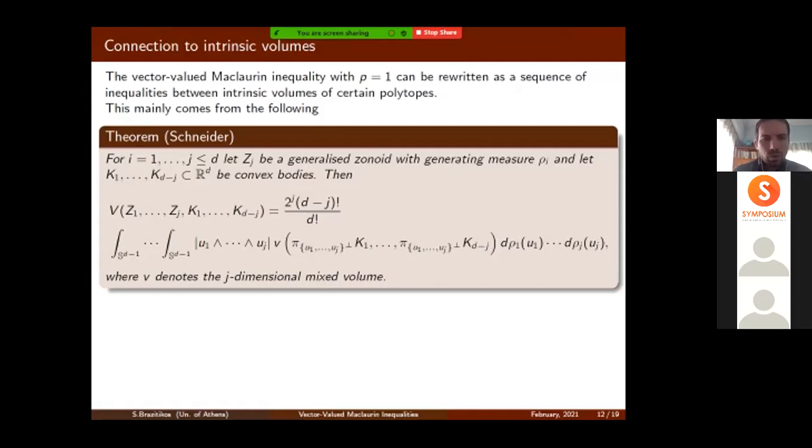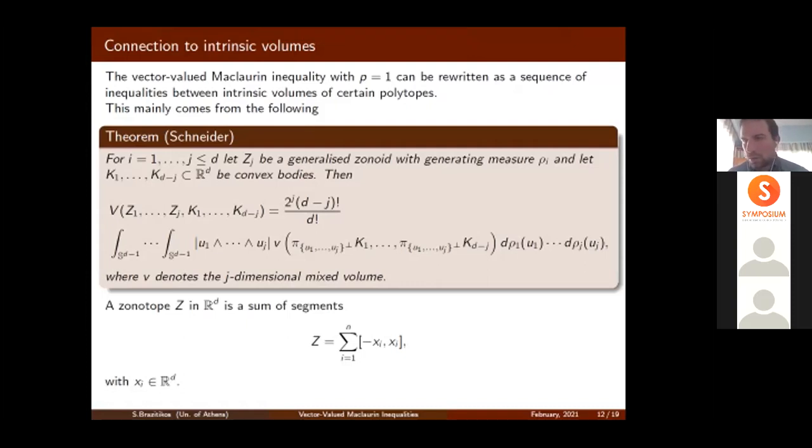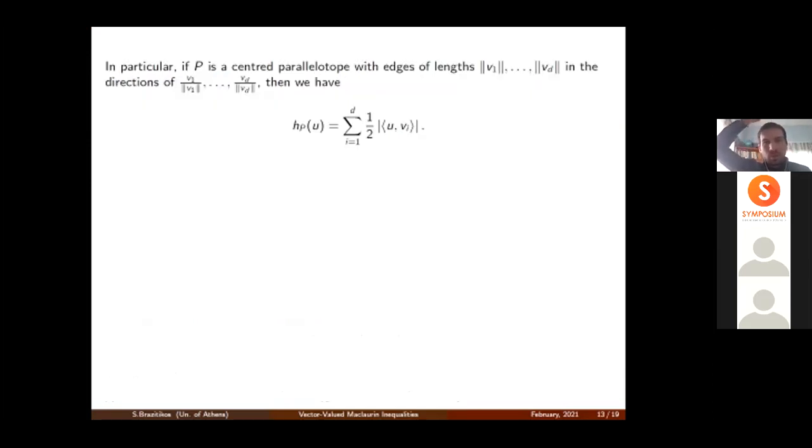A zonotope Z in R^d is a sum of segments. So for example, in R^2 it is a polygon. And what is a zonoid? It is its continuous analog. It is, let's say, a limit of zonotopes. We will use this in a particular case, because in our case, our zonoid is a parallelotope.